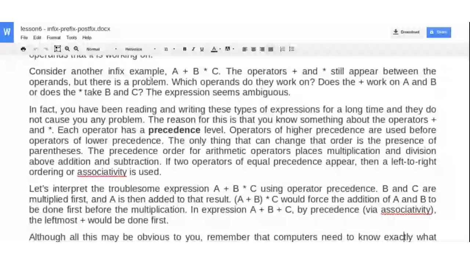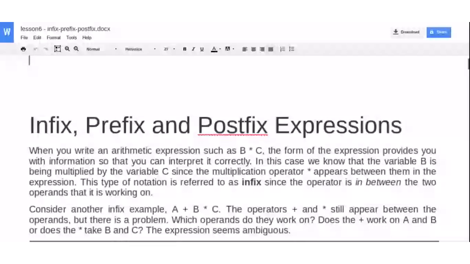But anyway, what is important is what I wanted to explain. So the infix expressions are those expressions which are written in such a way that the operator is between the operands. So when it comes to computers, we talk about operators and operands.